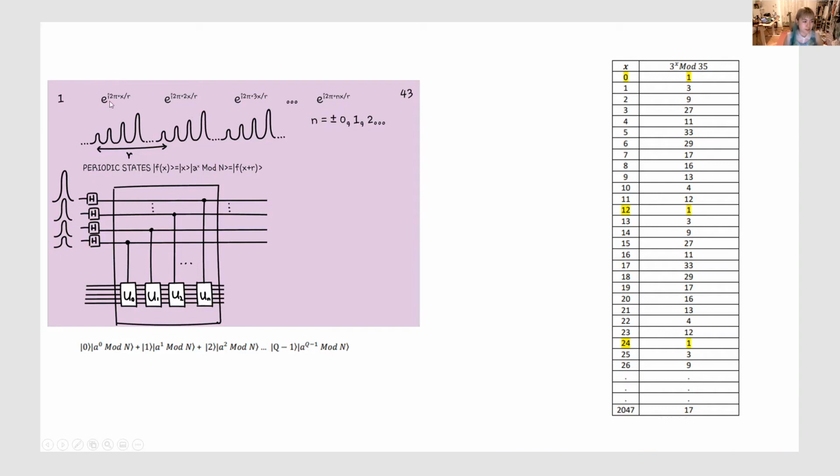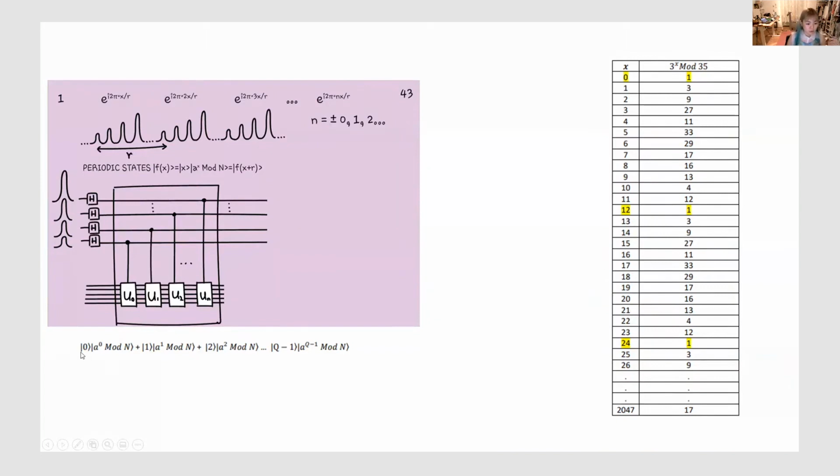And you can actually prove this f of x equals f of x plus r to be something with these phase shifts and their own amplitudes. So then you can write out all of these repeated units, and this number n here is just an integer number.